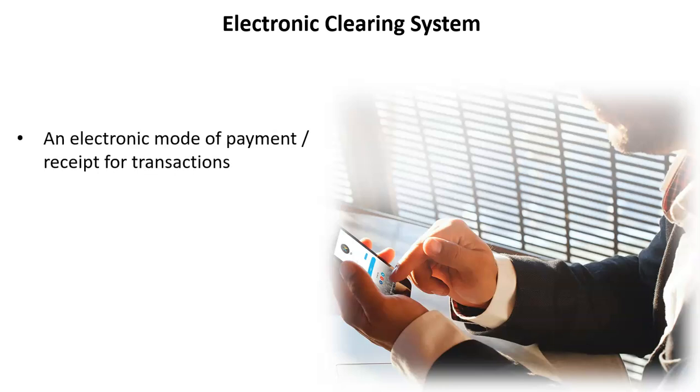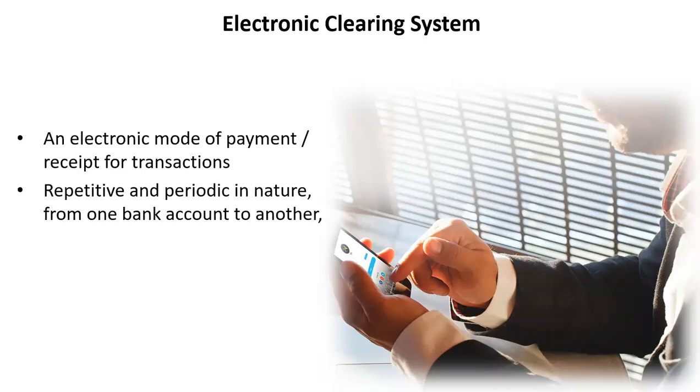It is an electronic mode of payment and receipt for repetitive transactions like EMIs, subsidies, pension, dividends, or electricity bills paid by the customers. Customers get receipt of their dividend warrants in their accounts. So they are repetitive and periodic in nature, from one bank account to another. So this is between two different banks. This cannot be between the same bank. Remember this.